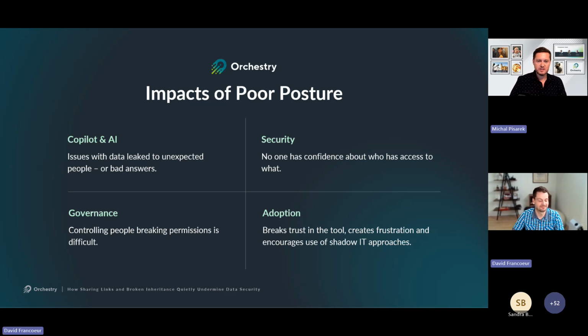So that's the other thing. The other thing, as Dave mentioned, is around security. I think everyone knows this. No one has any confidence about who has access to what. We see this all of the time. Maybe this wasn't such a huge issue before Copilot, but Copilot is so good at finding content that you have access to, that you might not know you have access to, that this has really become an issue.